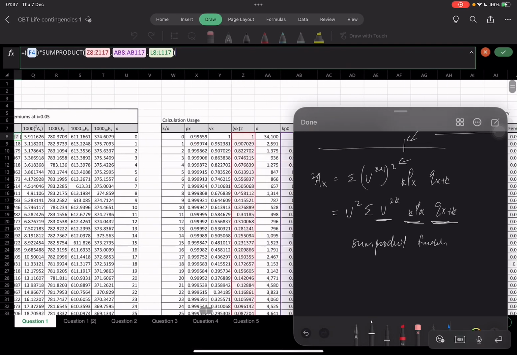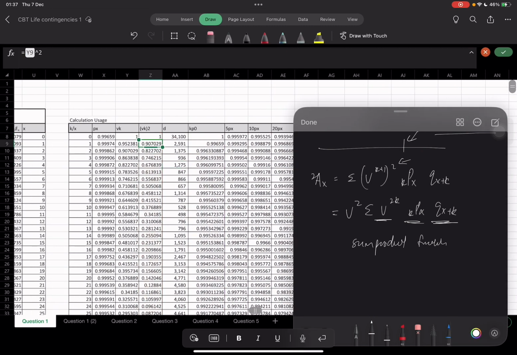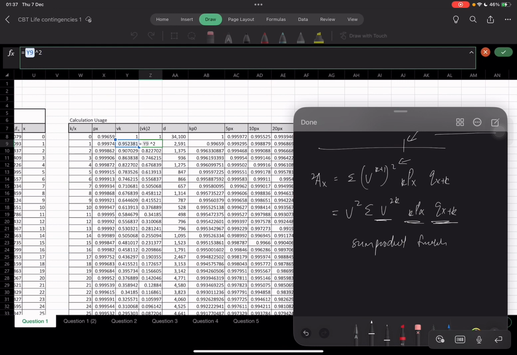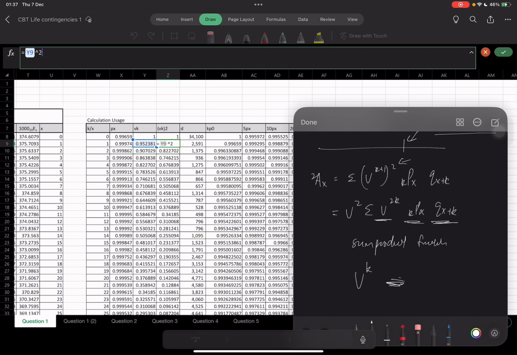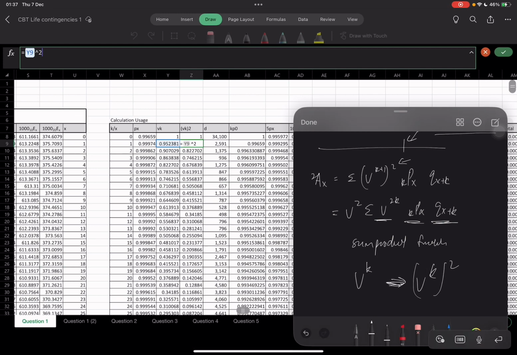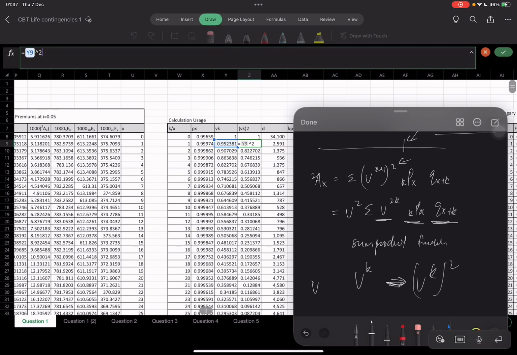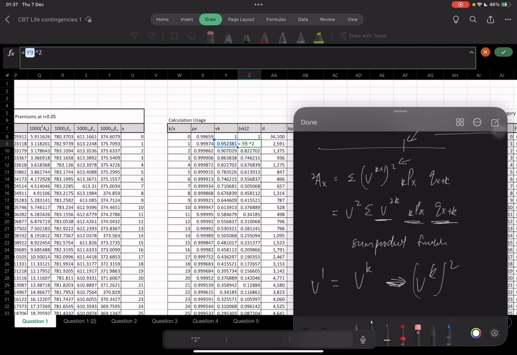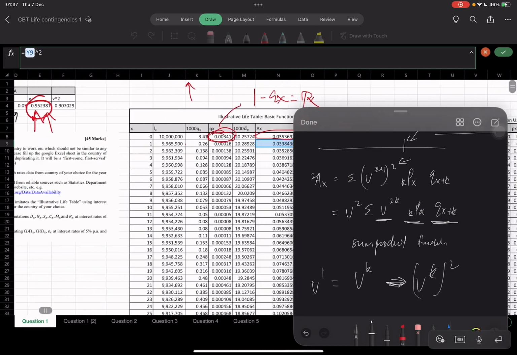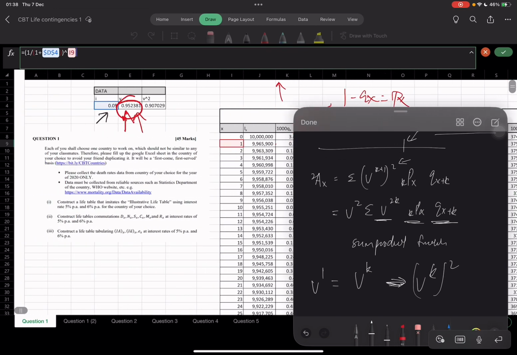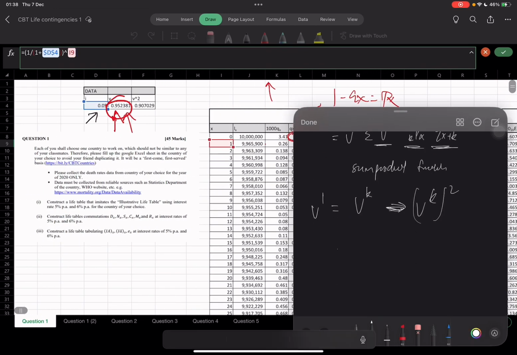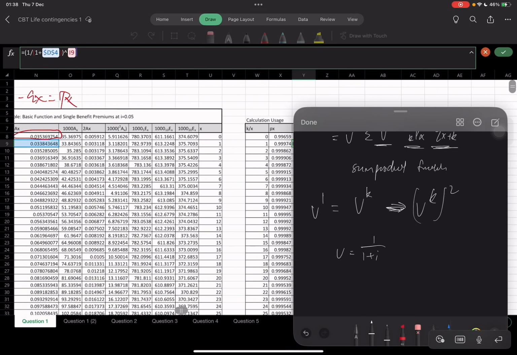With v^2k, we take vk to the power of 2. vk is v when k is 1, so v power 1. We get vk from here, v equal to 1 over (1 plus I) power of k.